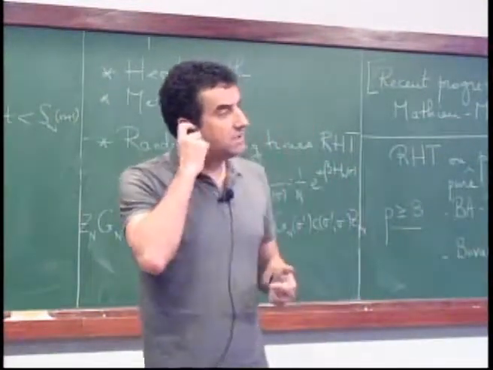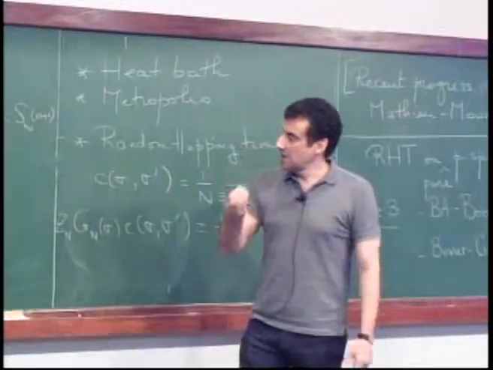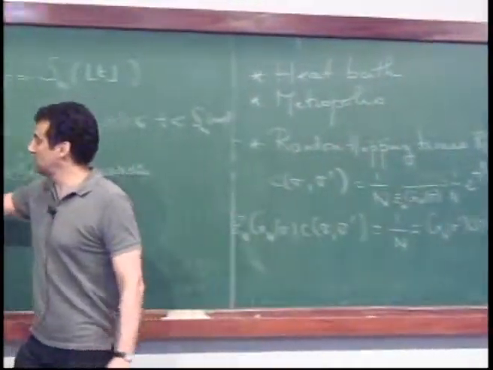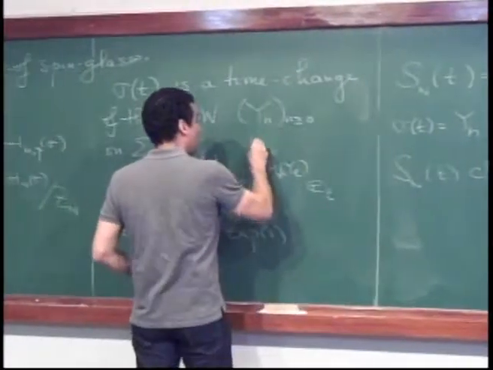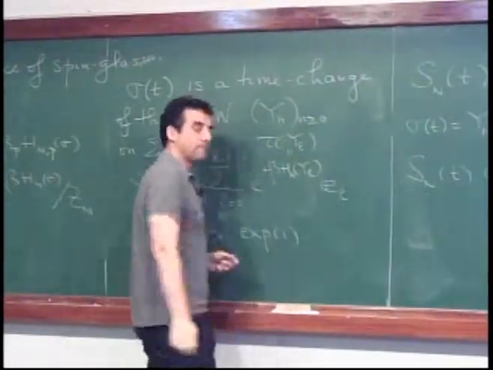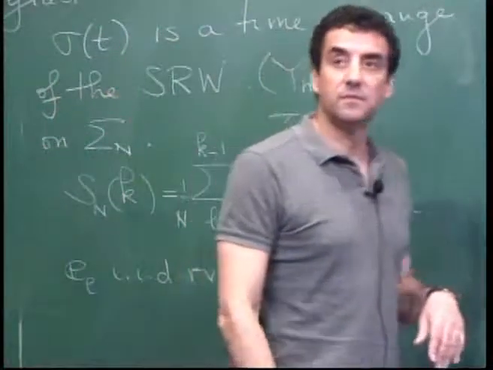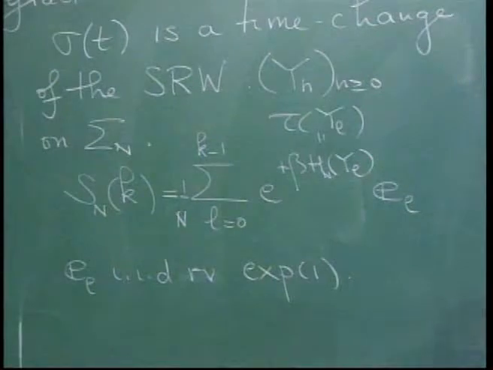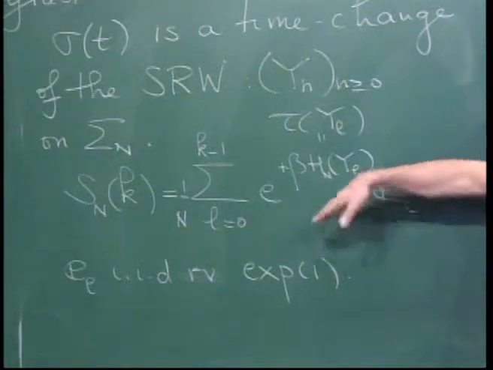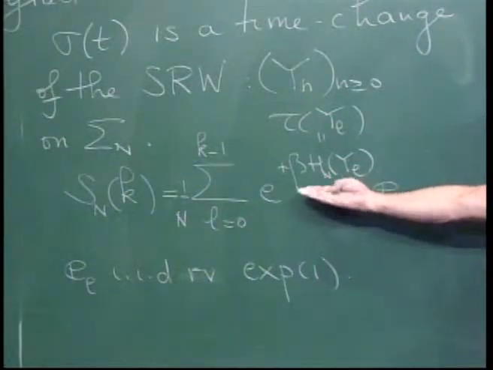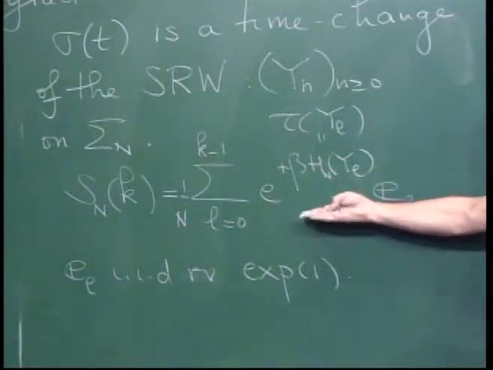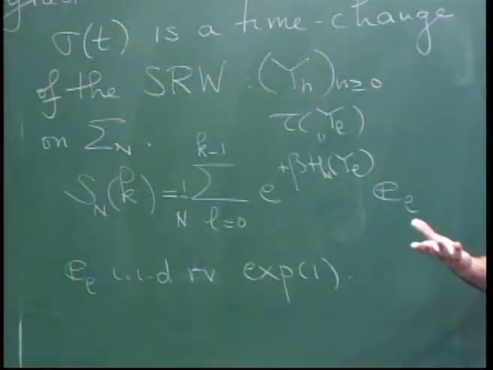Second, in the case Alex explained, the weights, the taus, I could call that tau of Y_L, were IID random variables. They were independent. And that's this independence that you see in the fact that the limit is a subordinator, which has independent increments. Because of course, what are the increments of this? If you look at Sn of k minus Sn of L, you will find a sum of these guys. If these guys are independent, then the increments are independent.